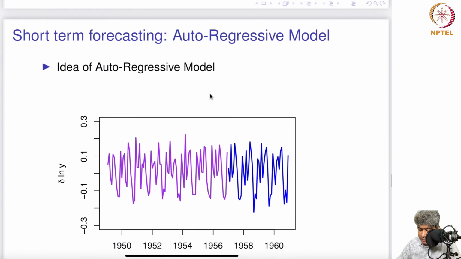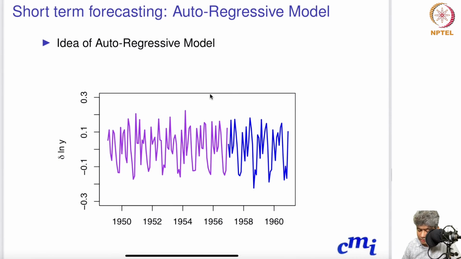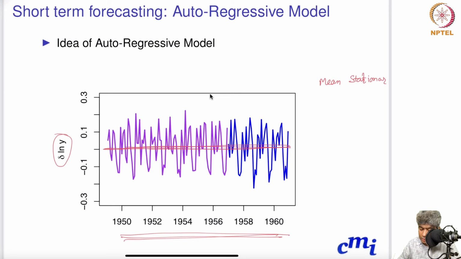So what is the idea of the autoregressive model? If you basically now plot this delta of log y over the time period horizon of 1950 to 1960, then what you will see is that these differences are essentially mean stationary, stationary at 0.